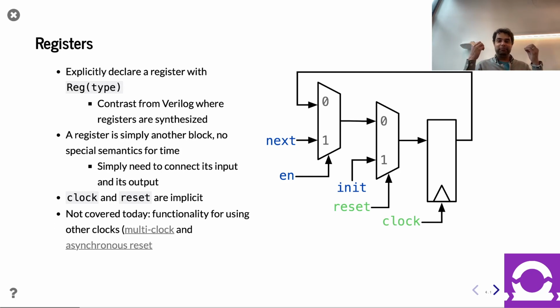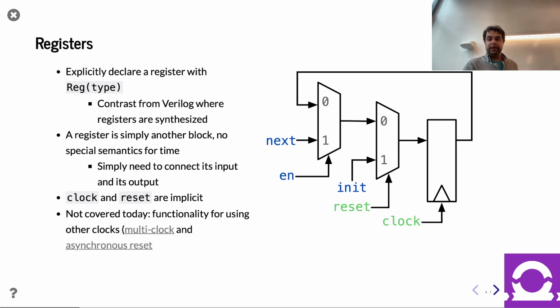You get a synchronous positive edge triggered, D-type flip-flop. That's what you get. All the more exotic, or not even so exotic, just different types of state elements, are not in the language by default. You use something called a Verilog black box to import one if you really want to. But it turns out in stable digital design, you often don't necessarily need them. So this is why you get away with this.